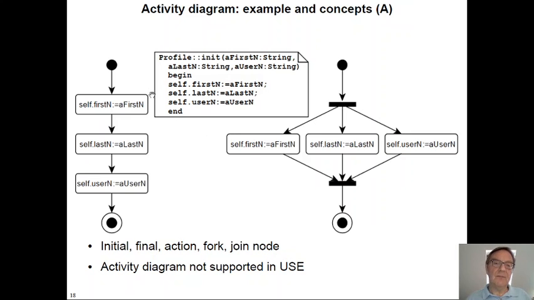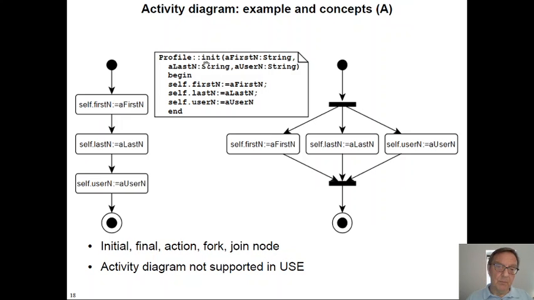In USE, we have a language that is called SOIL, Simple OCL Imperative Language, that uses OCL expressions in a lot of places and is sort of a programming language. And with this language, you can explicitly say what an operation is doing.